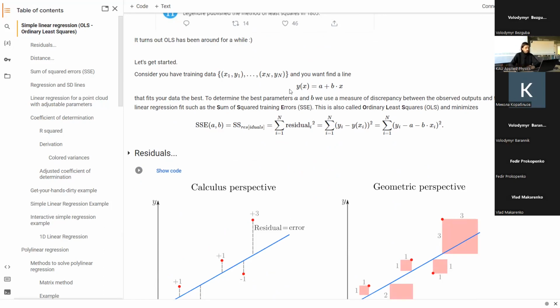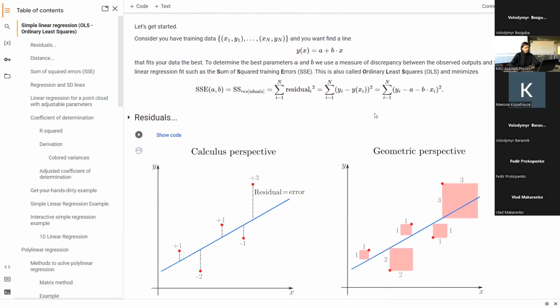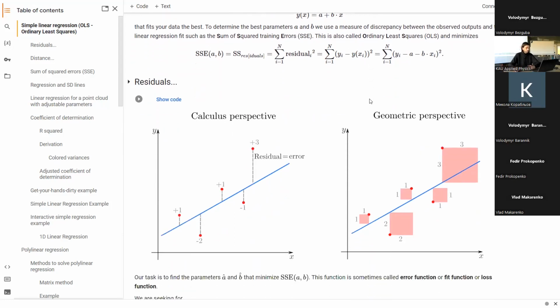And this error is often given by this sort of formula, like SSE, the sum of squared training errors. And here you see that you are basically taking your model. You are finding the difference between the exact y's and whatever your model predicts. And then you are calculating the sum of squares of those errors.